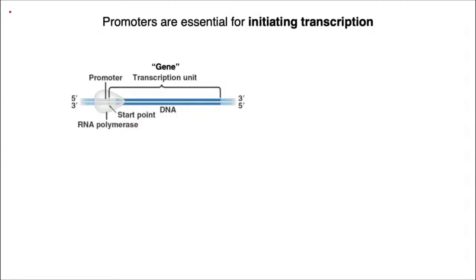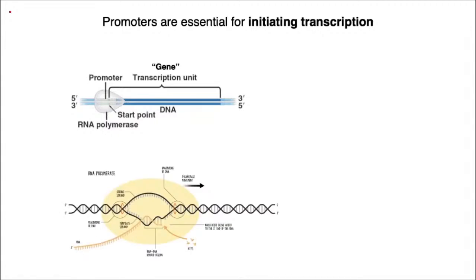Essentially what it does is recruit a protein called RNA polymerase, which will open the DNA strand and use one of the strands as the template to generate a new RNA molecule.